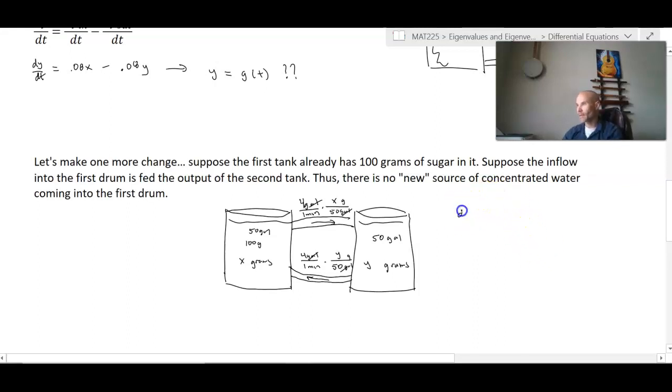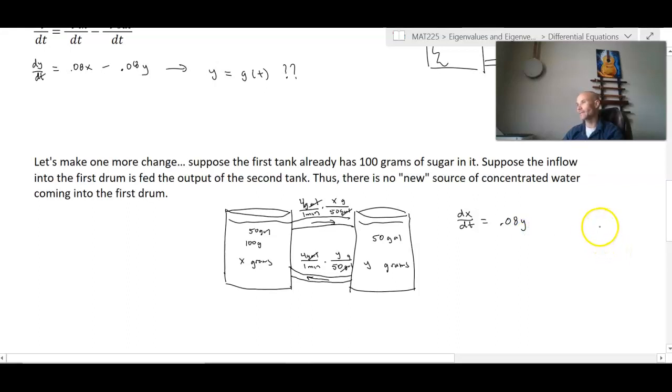So once again, I'm going to be able to assess the rate at which grams are changing in drum 1 in units per minute. Well, what's coming in is this 4 times y divided by 50. Now, 4 times y divided by 50 is 4/50ths y, and that's going to be 0.08 times y.